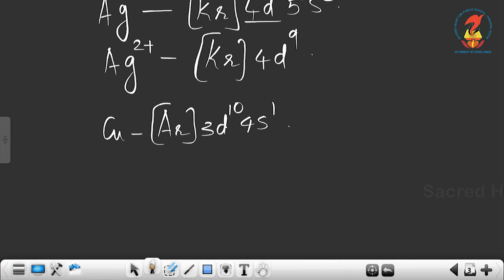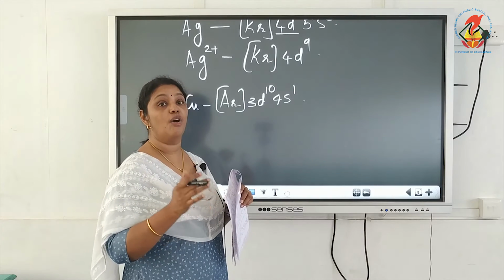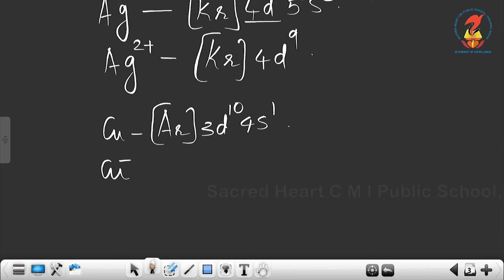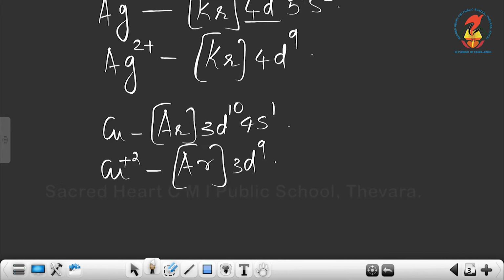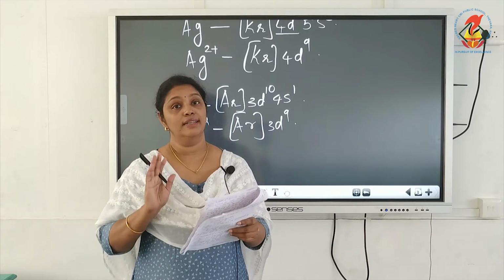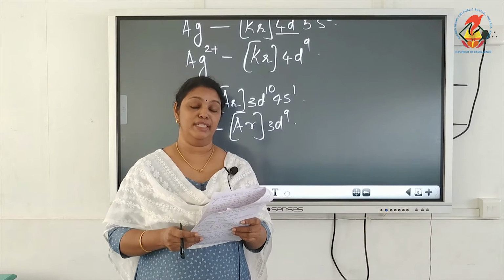Now, in the ground state, the d orbital is completely filled, whereas in the common oxidation state, there is +2. So, Cu2+, the electronic configuration will be argon 3d9. In the common oxidation state, copper has an unpaired d electron, which makes it a transition element.